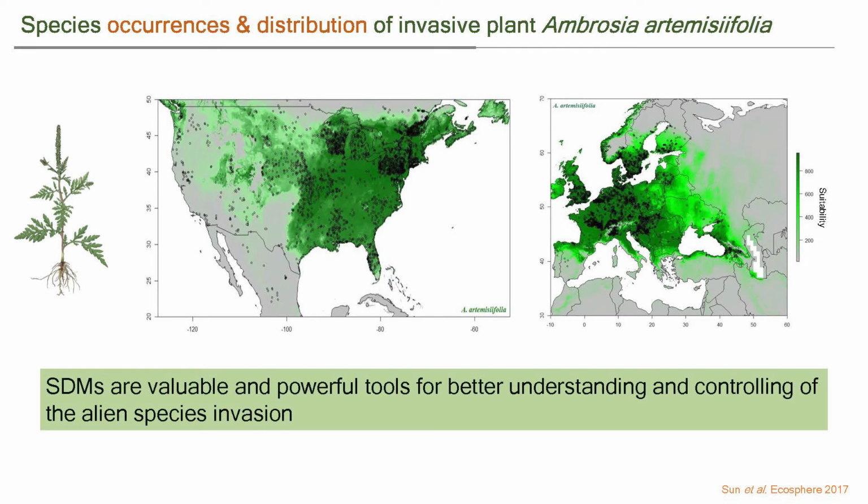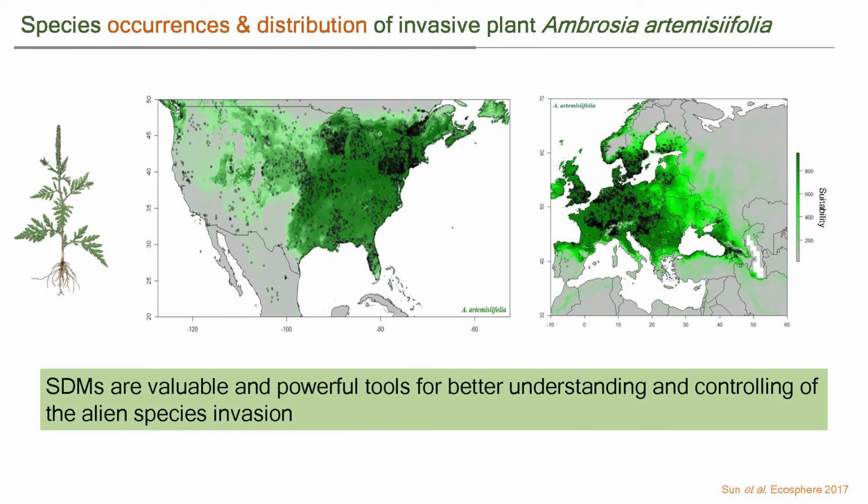Here is one example about Ambrosia artemisifolia that we did in 2017, with the open black circles being the occurrences we collected from a lot of sources, showing the suitable area based on the model for the current climatic condition.